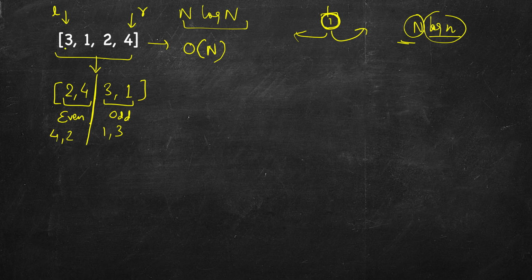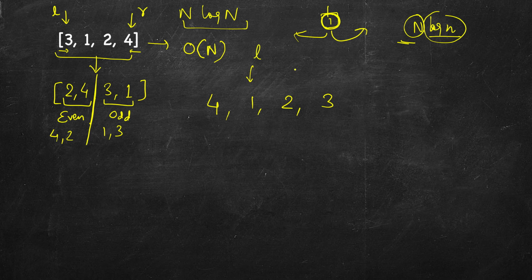So we are looking for the first odd from left side and first even from right side, and then we will swap them. So initially L and R are at 3 and 4. L is odd, R is even. So we swap them. So it becomes 4, 1, 2 remains, 3 comes here. Now L we will move here until we find another element which is odd.